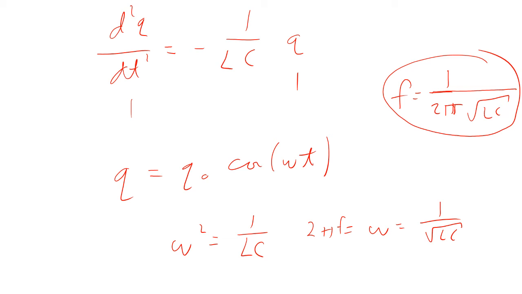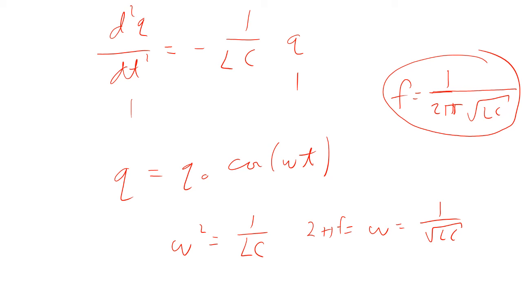And that gives you the frequency of oscillation. If you know the inductor and the capacitor, you can find what frequency of oscillation you have. And that gives you a resonance, because this circuit will naturally oscillate at that point.